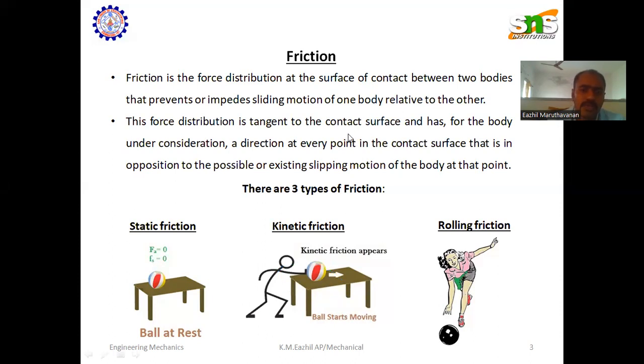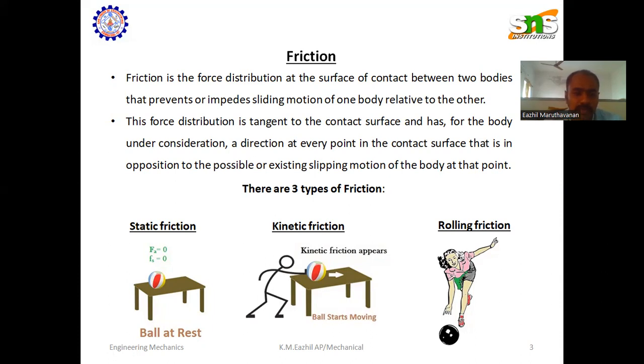The force distribution is tangent to the contact surface and has, for the body under consideration, a direction at every point in the contact surface that is opposite to the possible or existing slipping motion of the body at the point of contact. The frictional force is always a tangential force on the surface of the object.